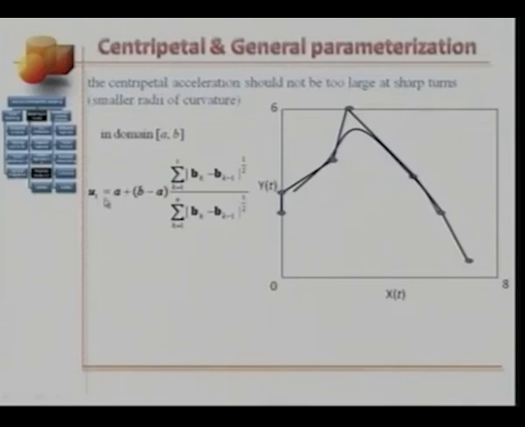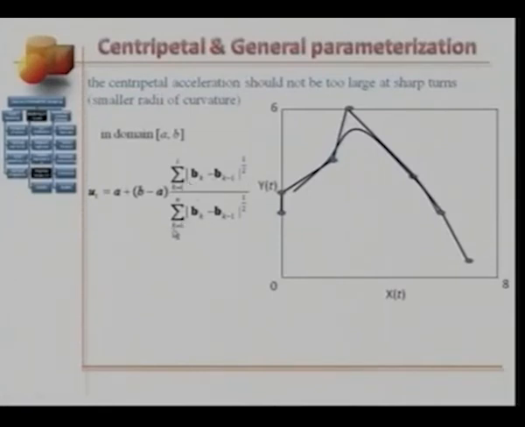So u of i equals a plus b minus a times, in the numerator, k equals 1 to i summation of the absolute value of bk minus bk-1 raised to half. So we are considering the square root of the chord lengths.